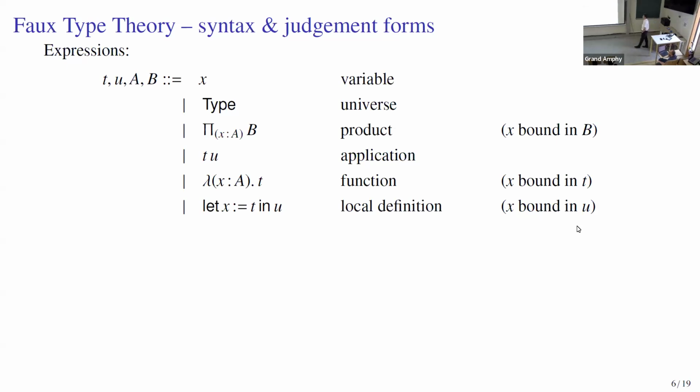Now you can see here that it says that certain variables are bound in certain terms. I'm not going to explain the details of this because Frederick was already talking about bound variables and free variables. And in any case, we are going to have to deal with this in the implementation anyway.